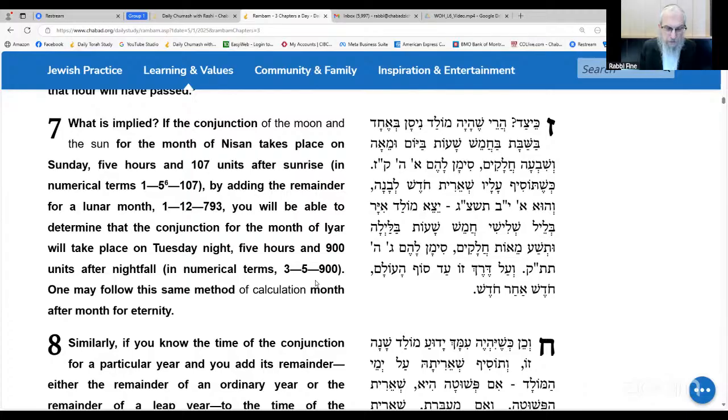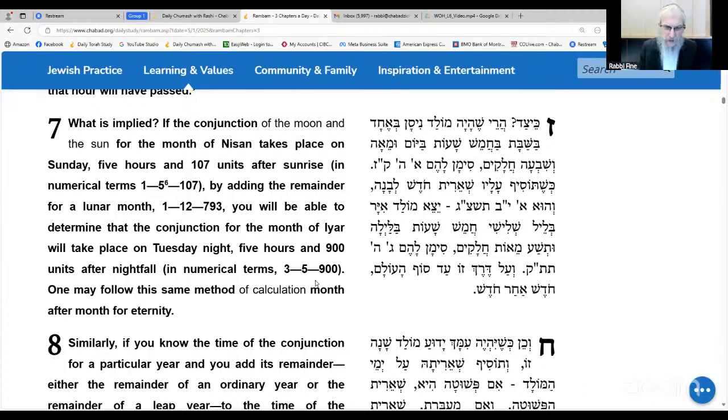So, what is implied? If the conjunction of the moon and the sun for the month of Nisan takes place on Sunday, 5 hours and 107 units after sunrise, in numerical value, it's one day, 5 hours, 107.